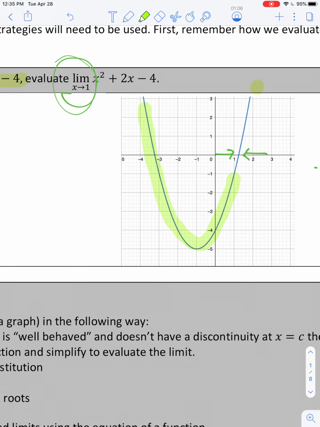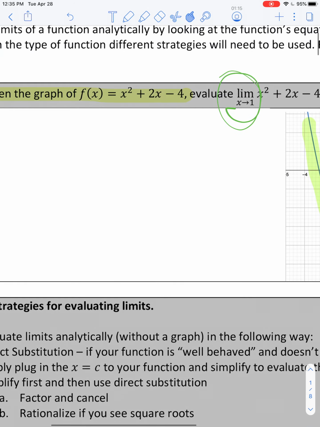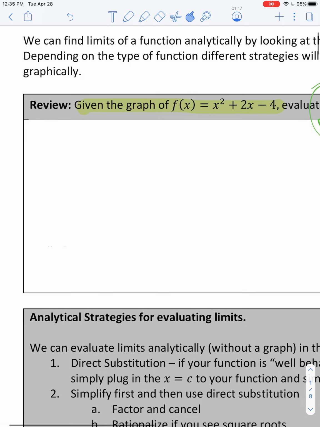As we approach right to left along our curve, we are also getting that value of -1. So we can see that as we approach x from either side, we are getting closer and closer to -1.